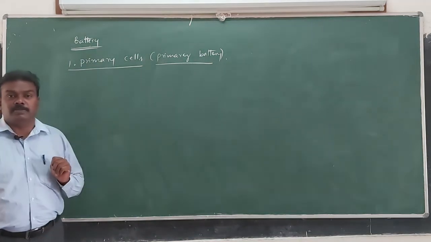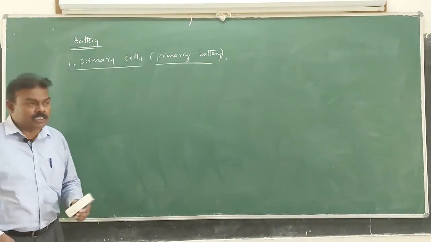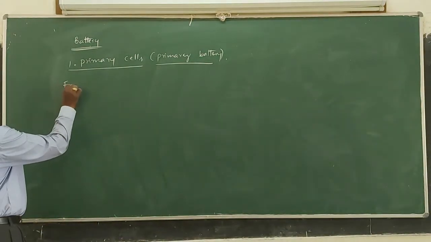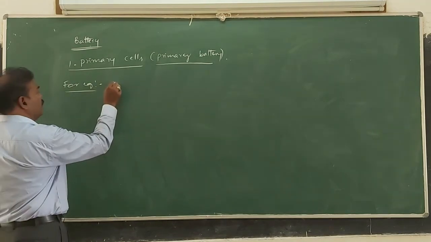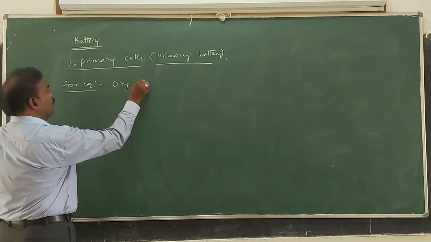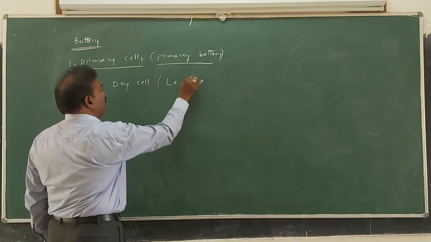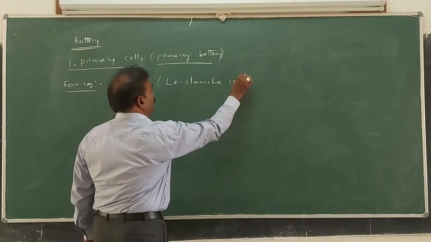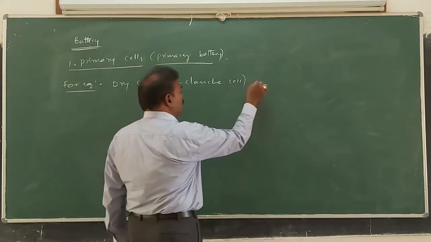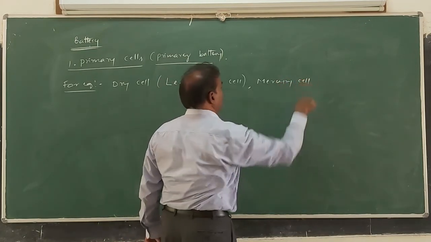In case of primary cells, for example we take the dry cell, which is the Leclanche cell. And one more example is the mercury cell.